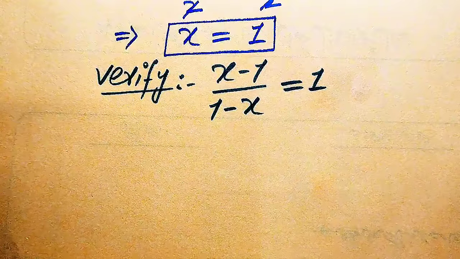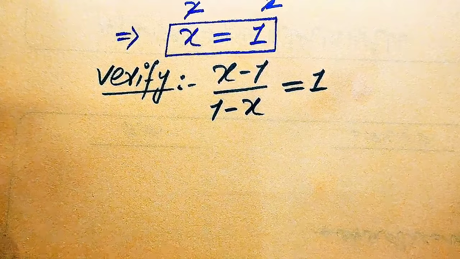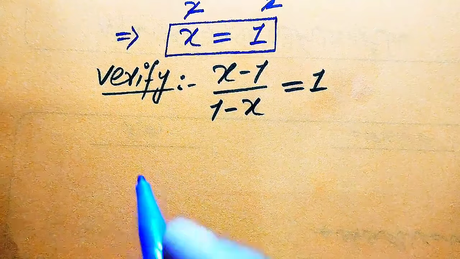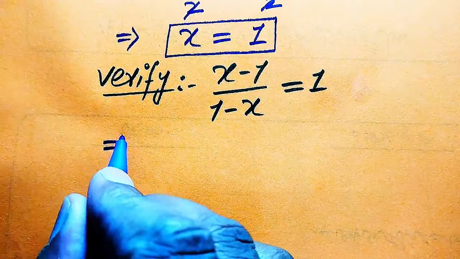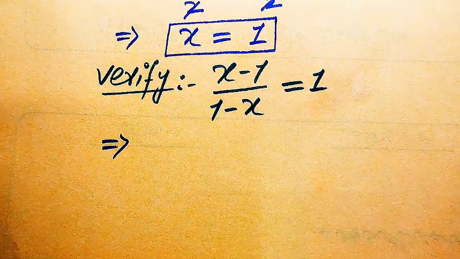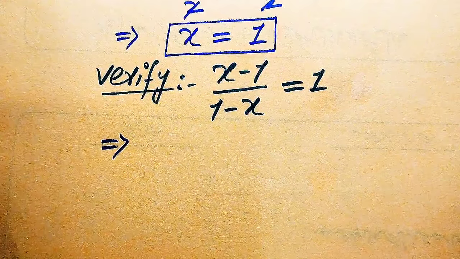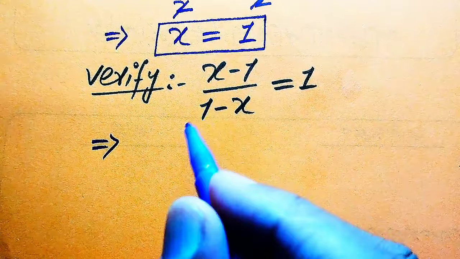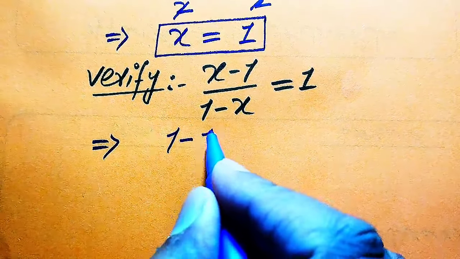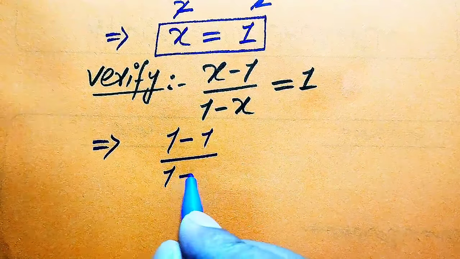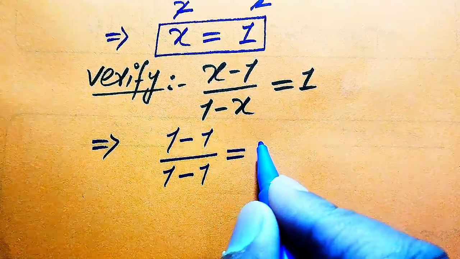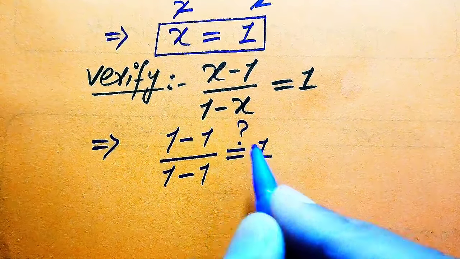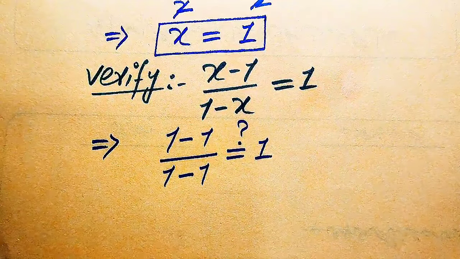So for this we substitute this value of x into the left hand side, and we check whether this is equal to 1 or not. So when we put it here, it becomes (1 minus 1) divided by (1 minus 1) is equal to 1 or not. This is our claim.